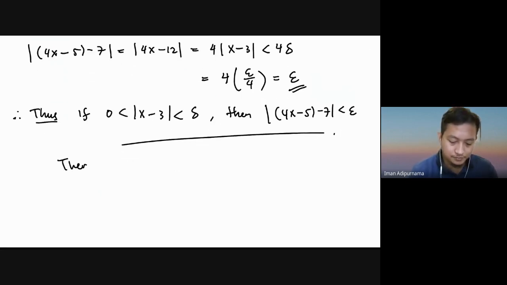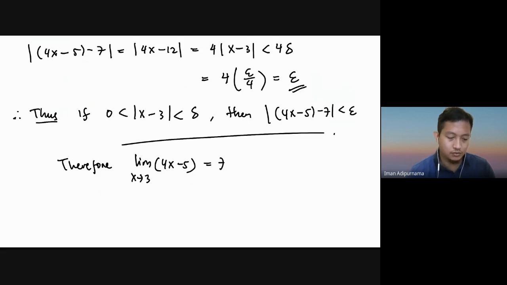Therefore, if you want to write completely, therefore this equals 7. Okay, I hope you get the idea of how we are going to use this precise definition of limit.